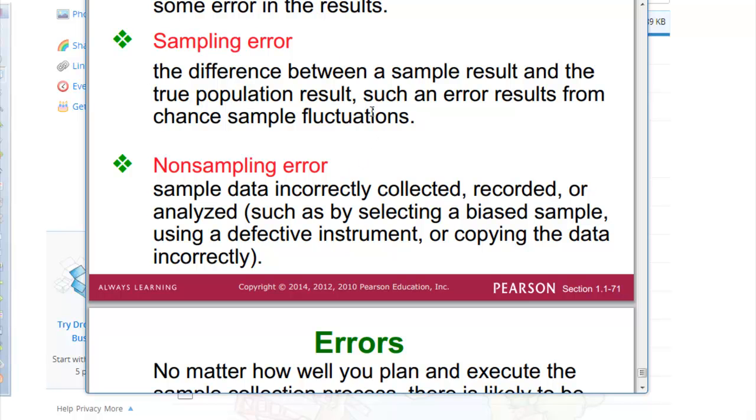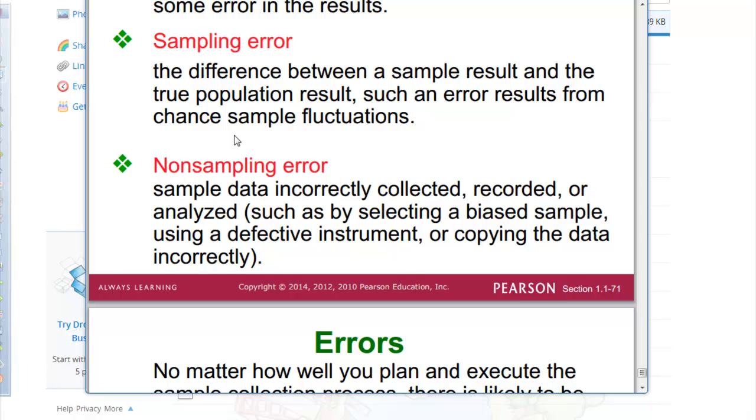Versus the sampling error, let's go back to that one, is the difference between a sample result and the true population result. Such an error results from chance sample fluctuations. For instance, there is the average age of students at Midlands Tech.